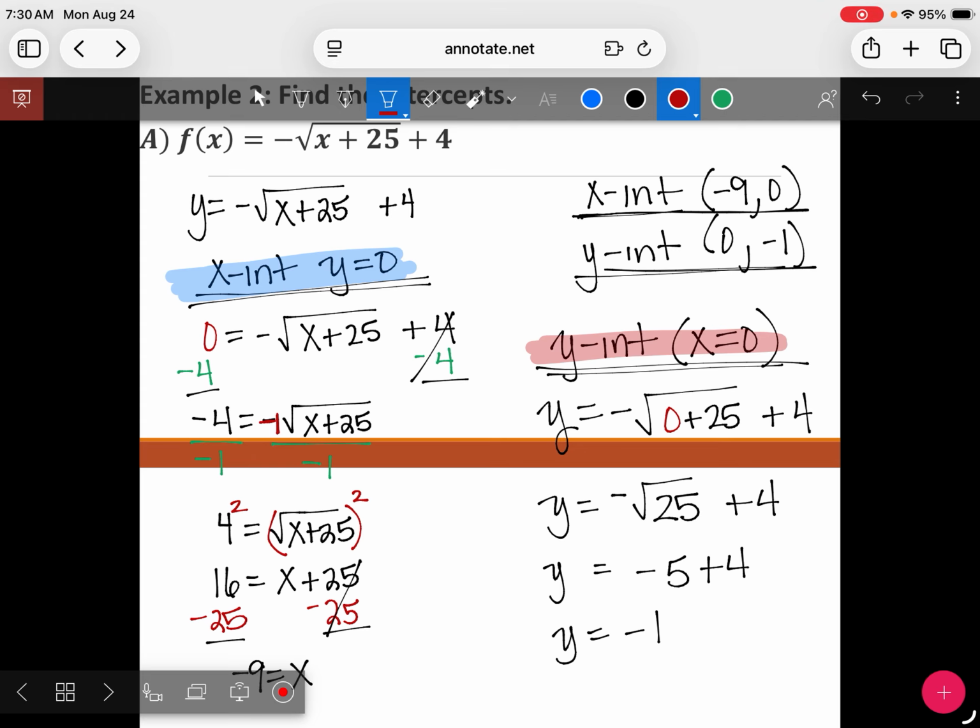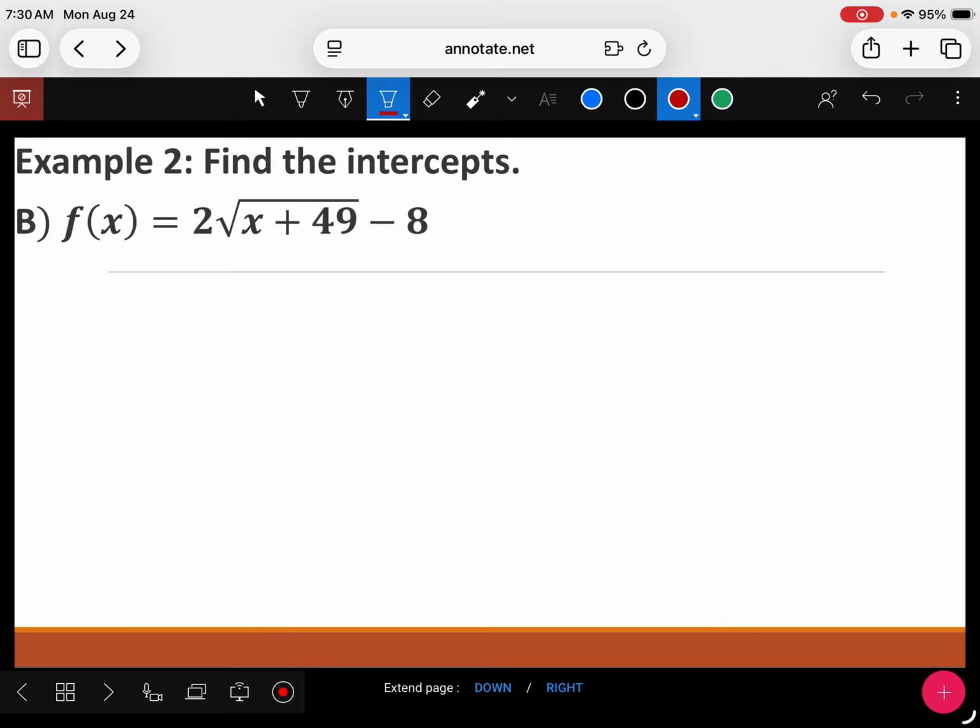All right, let's go ahead and copy down question 2. I'm going to give you a few minutes to try to work this one out by yourself. It's just like the last one.